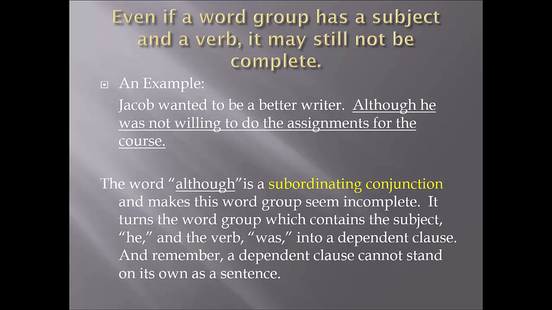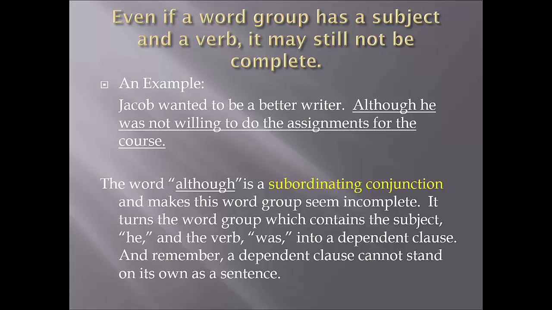With that said, even if the word group has a subject and a verb, it may still not be complete. Here's an example. Jacob wanted to be a better writer, although he was not willing to do the assignments for the course. In the underlined word group, the word although is a subordinating conjunction and makes this word group seem incomplete.